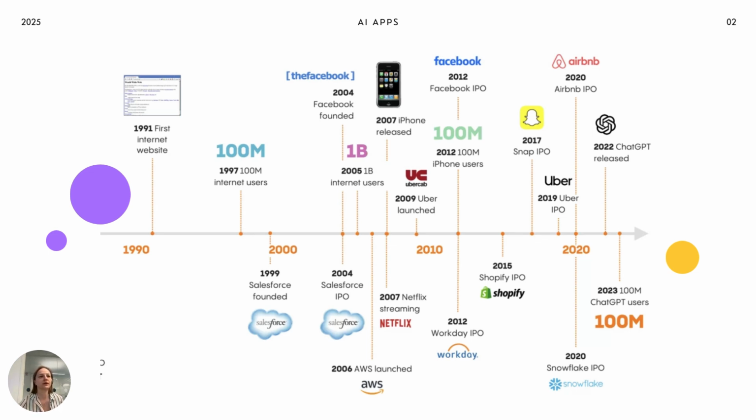If you compare the first internet website and then 100 million internet users, this first revolution in the 90s, and then the social media revolution and all the apps becoming mobile, this is the AI revolution that is happening, and it's happening a lot faster than the previous revolutions and updates in technology.